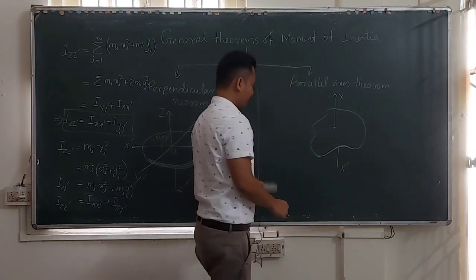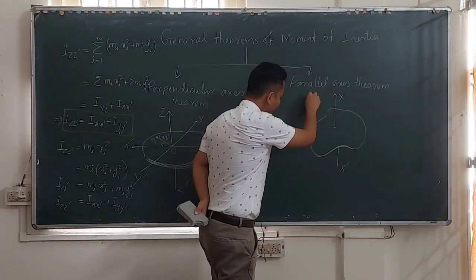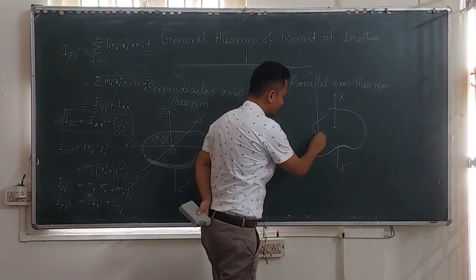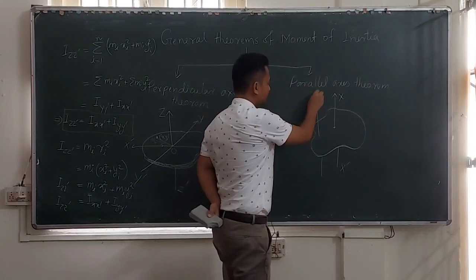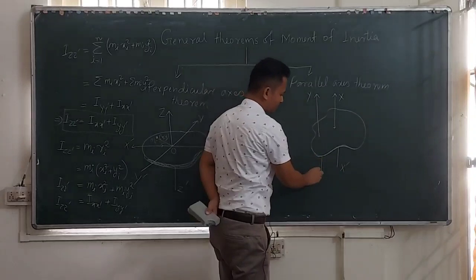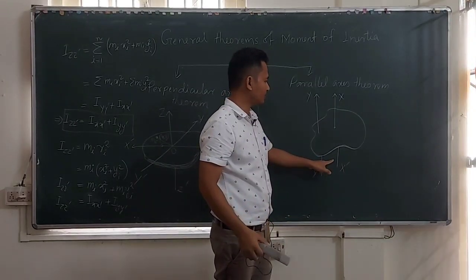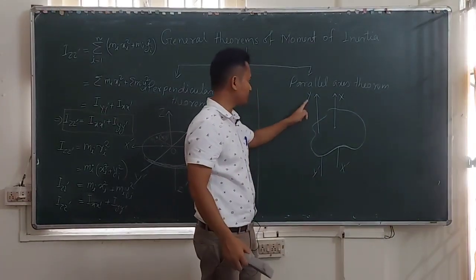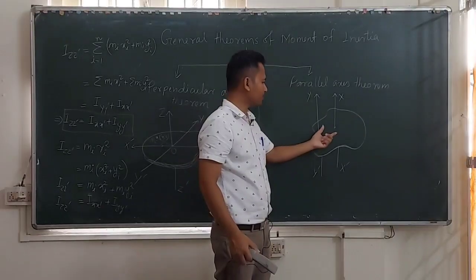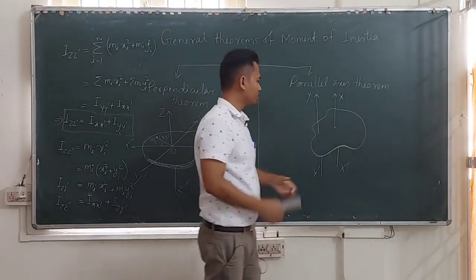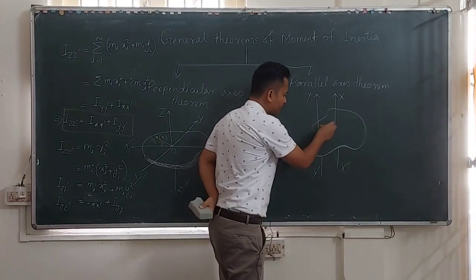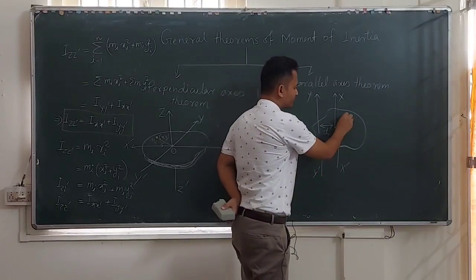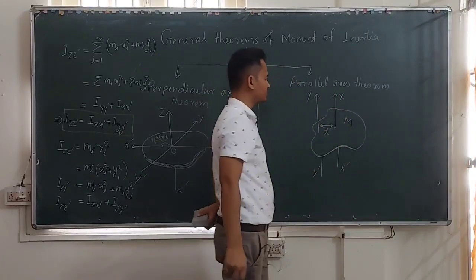There is another axis through the lamina, but not through the center, say y prime. X prime passes through the center of mass, and y prime is the other axis of rotation, parallel to it. Suppose the distance between these two axes is d, the mass of the lamina is uniformly distributed over the whole lamina, and the total mass is capital M.